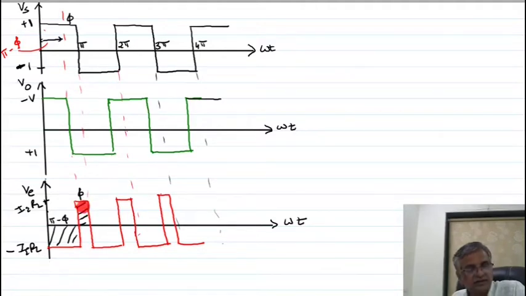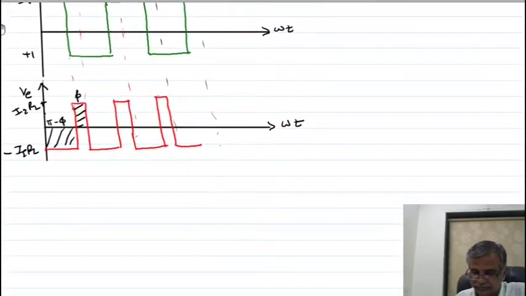During the phi, only Vs is positive, VO is negative. So VO, the output of the VCO, given to the Q3 is negative. So Q3 is in reverse bias, Q1 is in forward bias, transistor Q3 does not conduct. So collector voltage at the Q3 is maximum. That maximum value I have written as plus IRL.